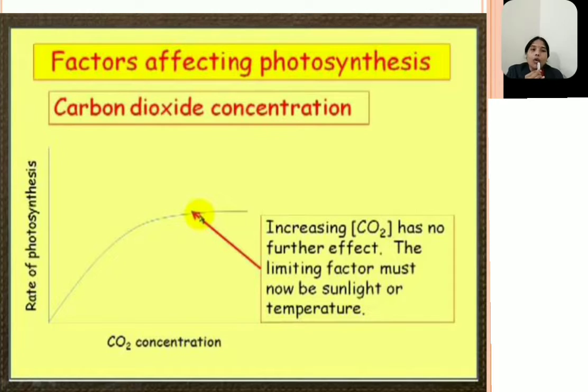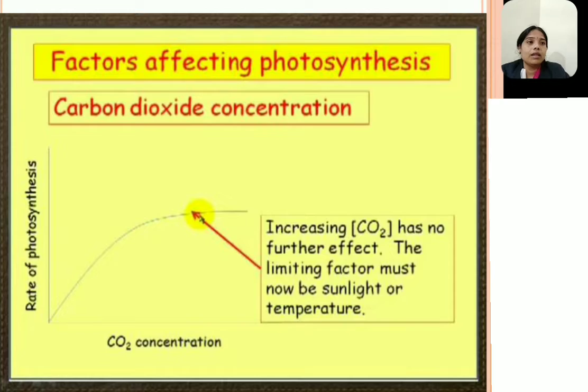If the carbon dioxide supply is increased up to a certain limit, the rate of photosynthesis also increases. Very high concentration of carbon dioxide is toxic to the plant.